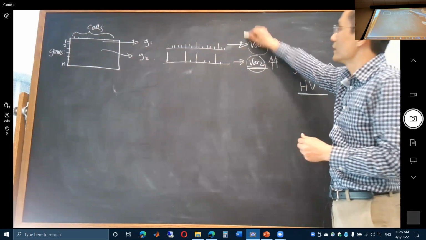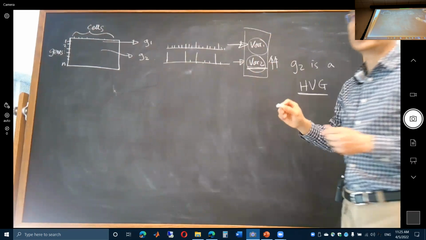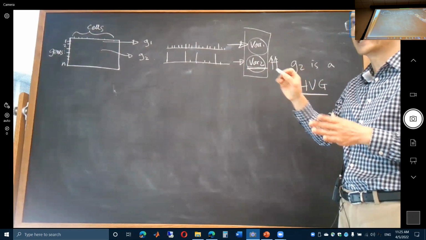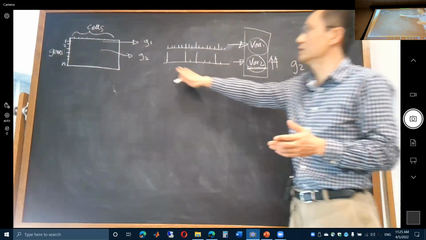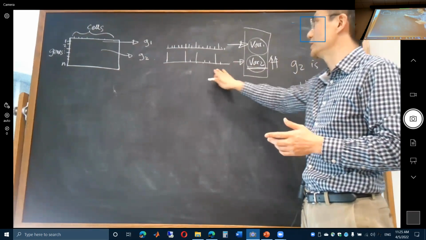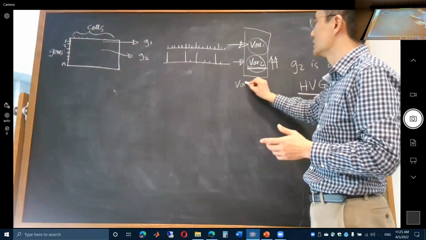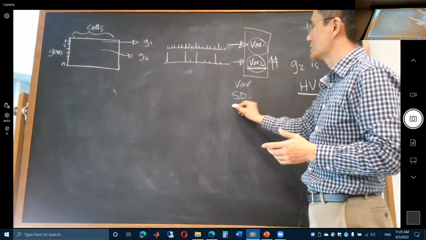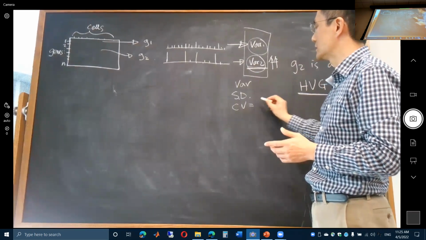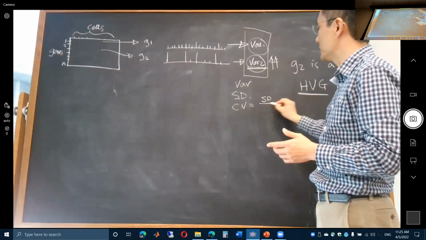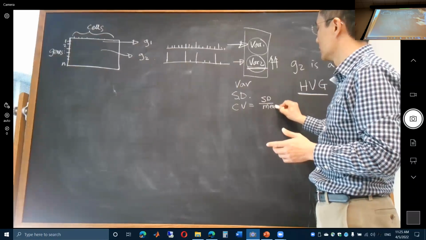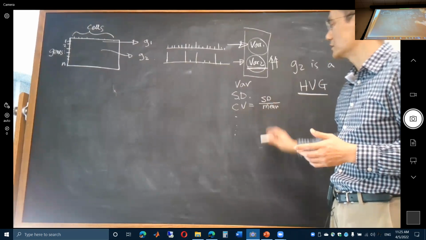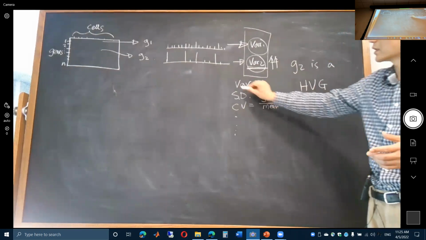There are many statistics we can use to measure the dispersion of variability. You can use variance, you can use standard deviation, and CV, which means standard deviation divided by the mean, called the coefficient of variation.